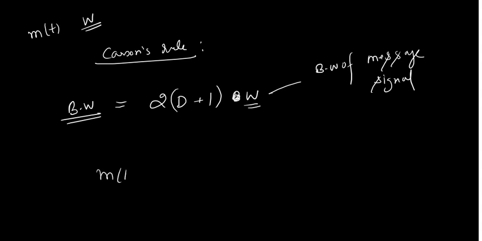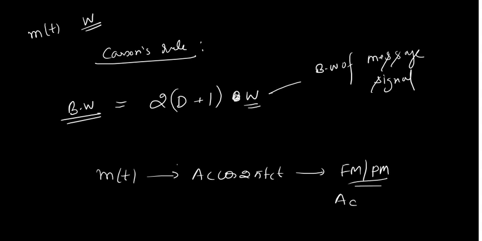So, m(t) is modulating your Ac cos 2 pi fc t, and it either gives you an FM signal or a PM signal. As I told you, it will have this type of structure where theta i(t) will depend on whether you are generating an FM signal or a PM signal.